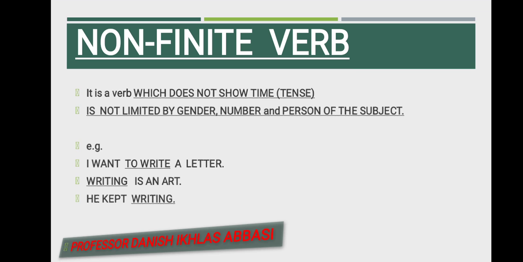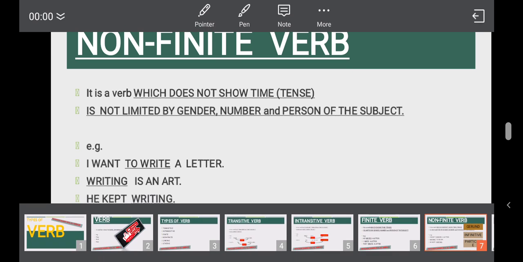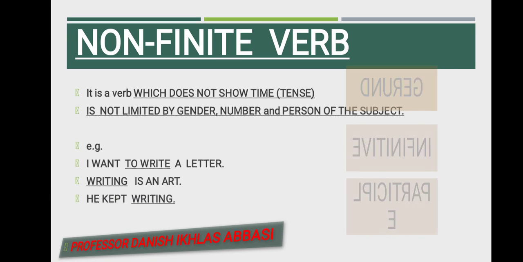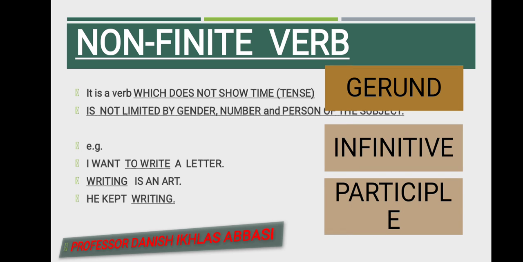Now here the word writing is not changing with respect to the subject, and neither does it tell us about the time of action. Non-finite verb has three types, and these types are gerund, infinitive, and participle. The details about gerund, infinitive, and participle can be seen by you in my next video.